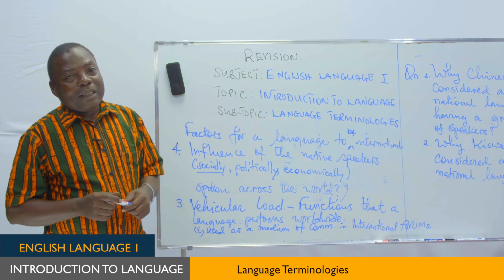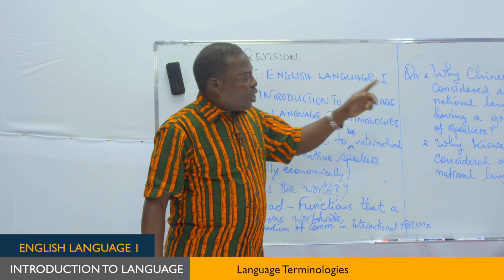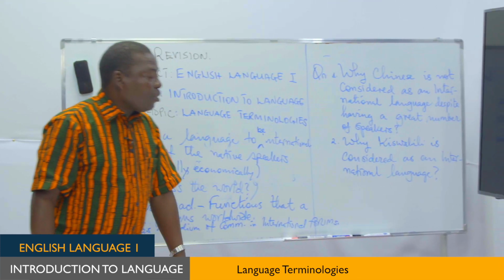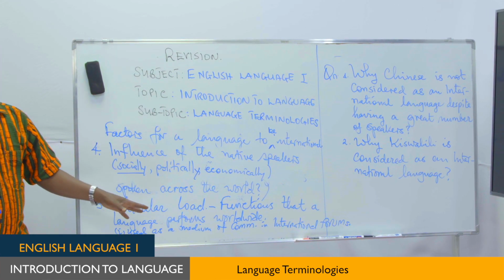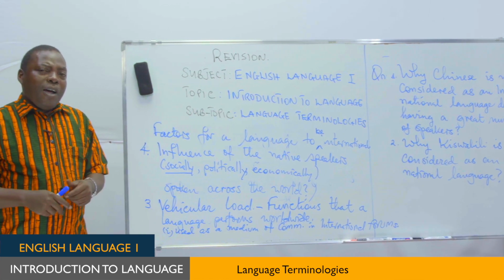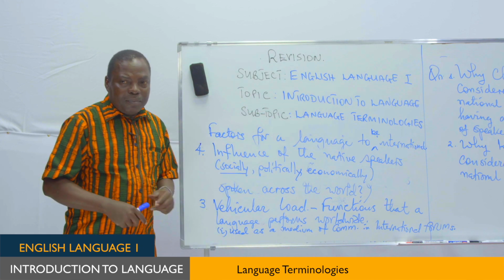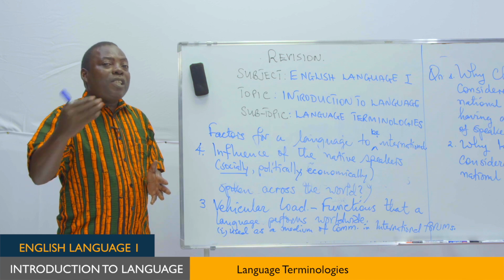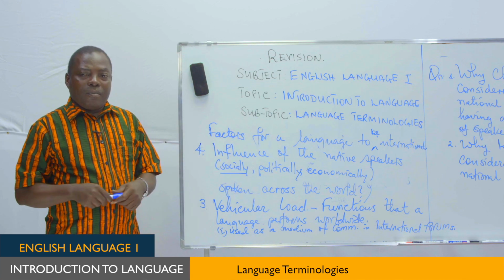So here comes the question. Why is Chinese not considered an international language despite having a great number of speakers? We have gone through the features. Now, if I may ask you, do you think the Chinese language qualifies? So you say, why is Chinese not considered? It is because it is not qualified in all these.